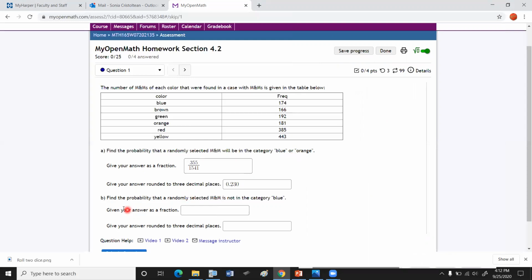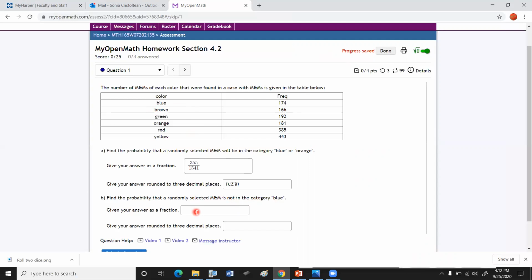Now, the second question is, find the probability that the randomly selected M&M is not in the category blue. Not in the category blue means it can be anything else, but not blue. The easiest way to answer this question would be through the complement.